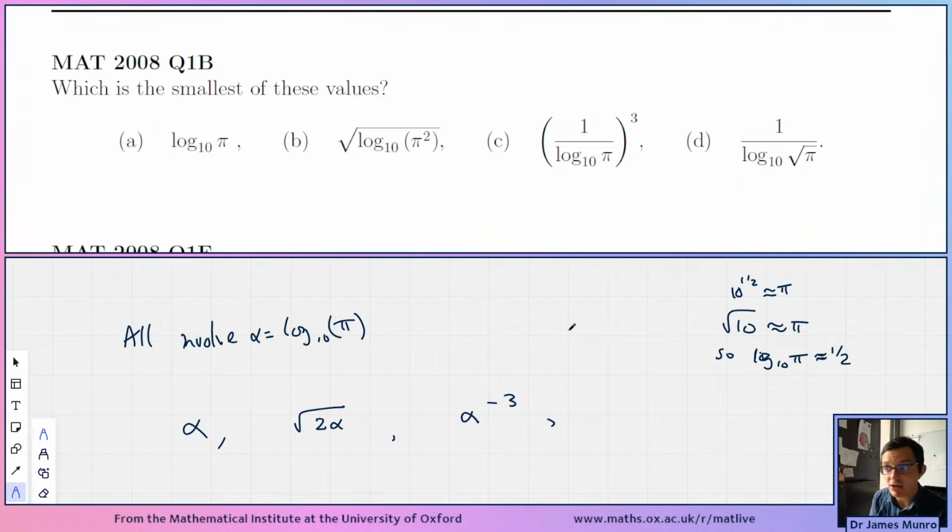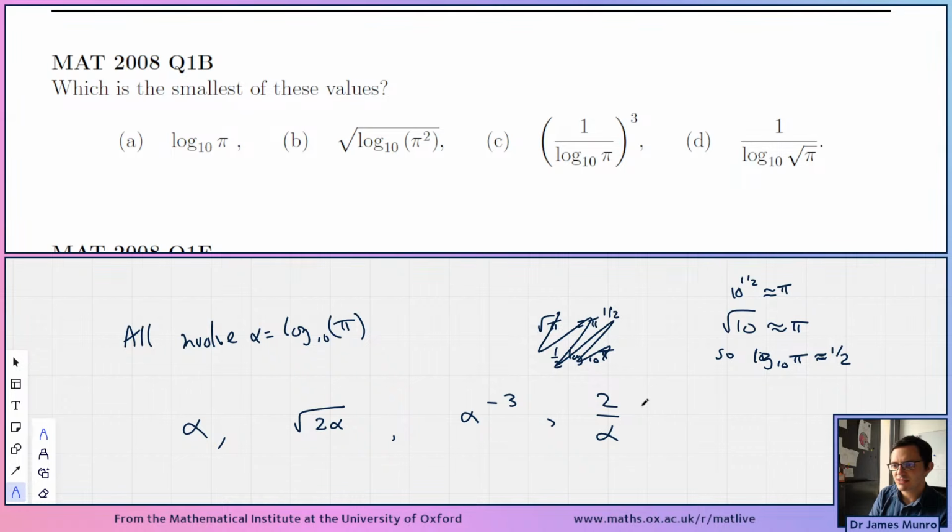So this is root pi. Root pi is pi to the 1/2. And when you see an exponent inside your logarithm, you've got to consider bringing that out to give something like this, but it's all 1 over that. So what is that? 2 over alpha. Okay, something like this.